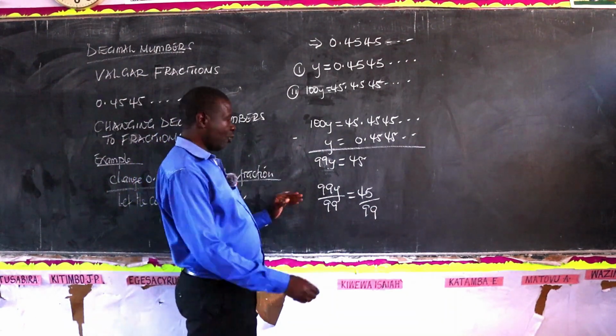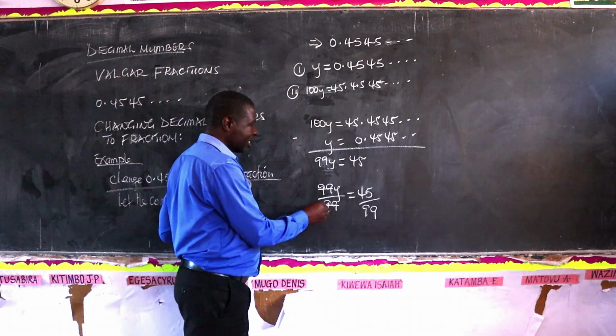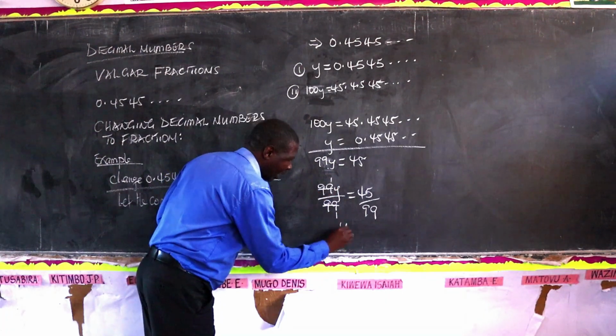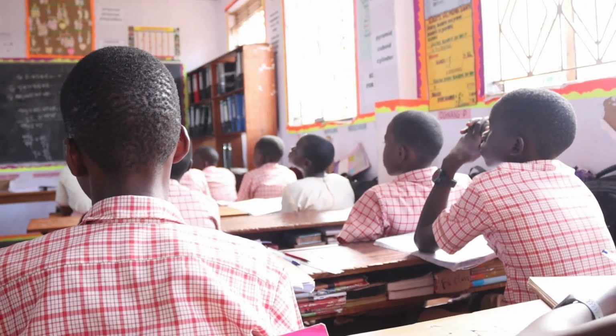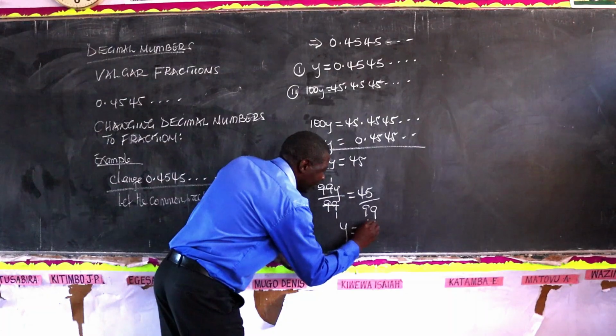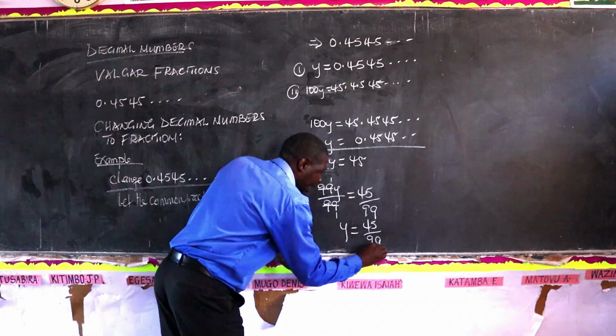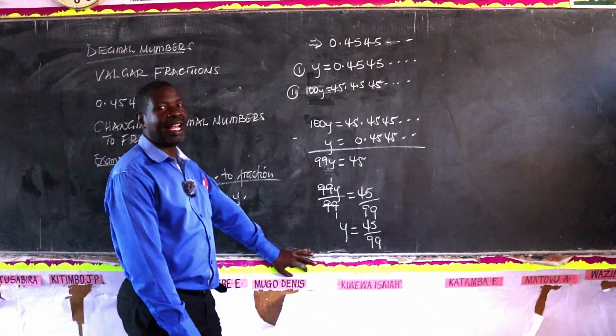The coefficient will go away, and we shall remain with the subject y, which gives us 45 out of 99.